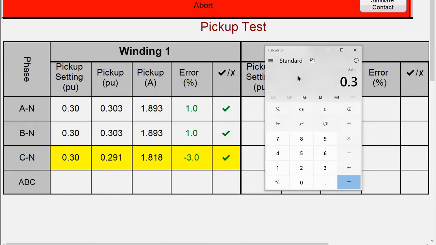I multiply that with my tap value on winding 1. That gives me my test current value of 1.875, at which or after which my relay is supposed to be tripping. So as soon as it reaches close to 1.875, the relay is tripping. If you see here, all these values match this value here.